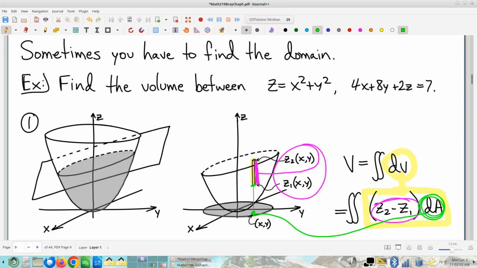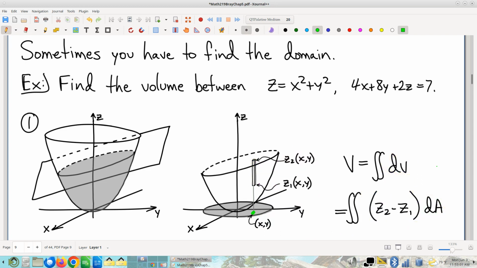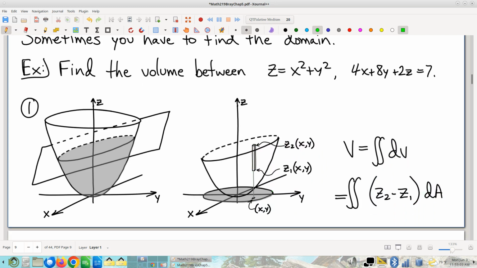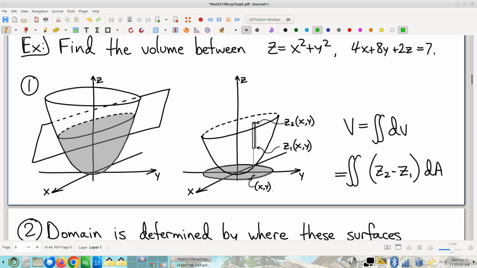Oh wait, what are the bounds? What's my domain? Right, and so here's where the hard part of this question begins. How do I figure out what this domain is? Here's the observation I'll make.